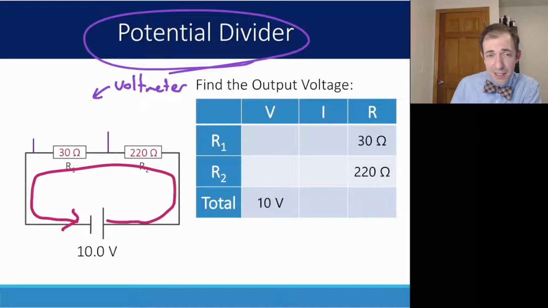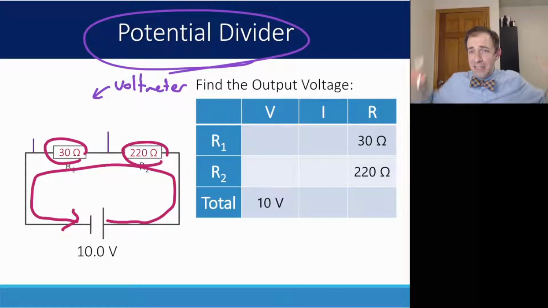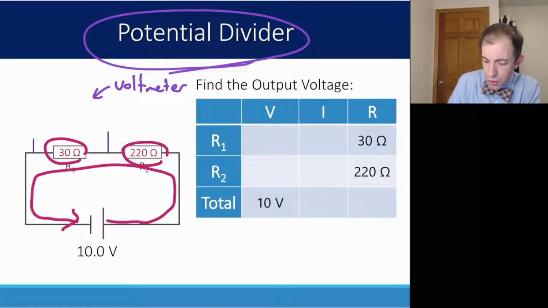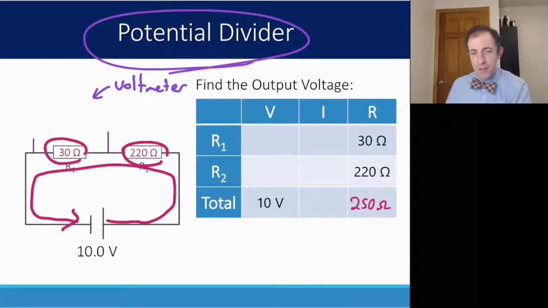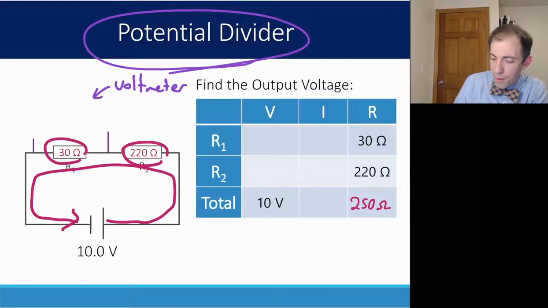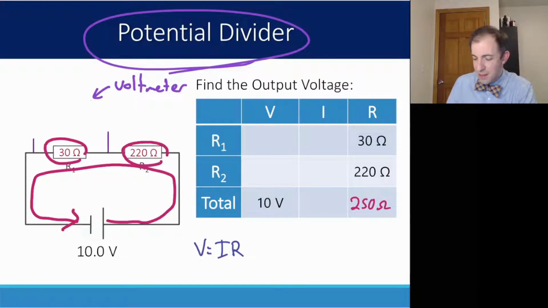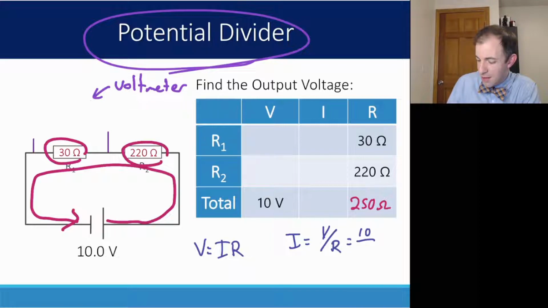And to do this, we're first going to need to figure out what is the overall resistance. Combined, these two are in series, so they just add up. 220 plus 30 gives you 250 ohms. Now, we know from Ohm's law, voltage is equal to current times resistance, which means that the current is voltage divided by resistance, or 10 divided by 250.